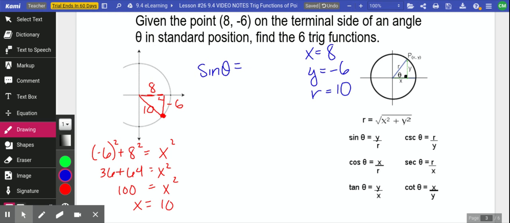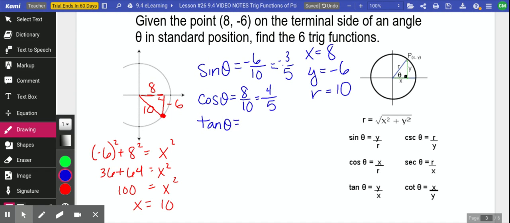So sine is y over r, that's -6 over 10, which reduces to -3/5. And then we have cosine of theta, which is x over r, that's 8 over 10, which is 4/5. And then we have tangent of theta, which is y over x, that's -6 over 8, which is -3/4.